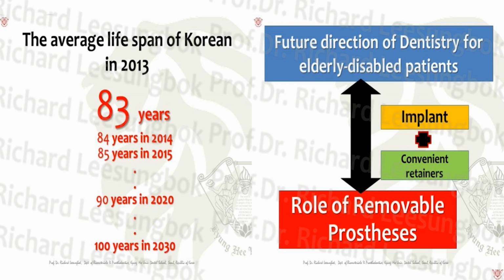Dentists should choose to provide disabled elderly patients with easy insertion and removal. The caregivers who take care of them should also be chosen to be able to handle this retainer easily. This is an iron rule.